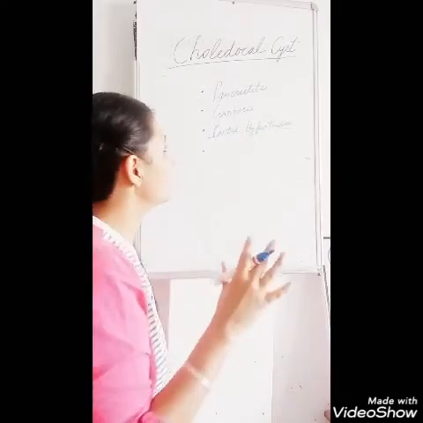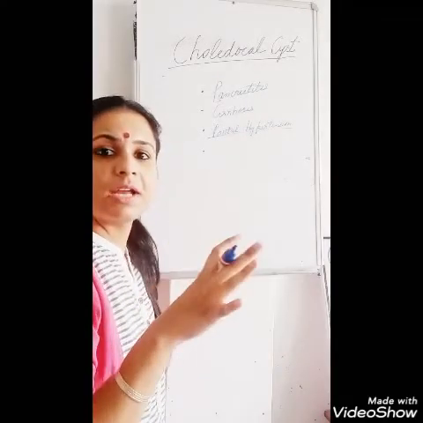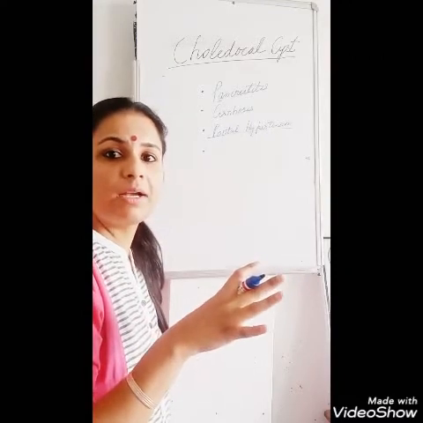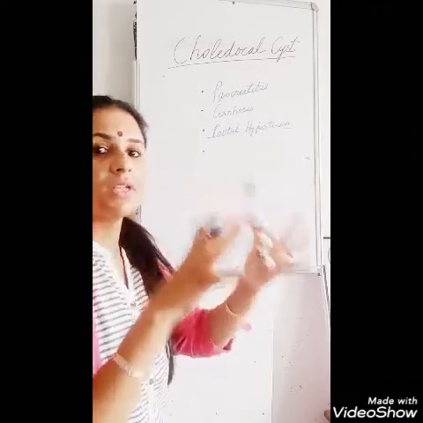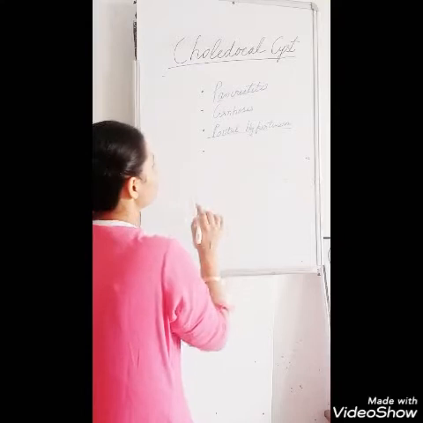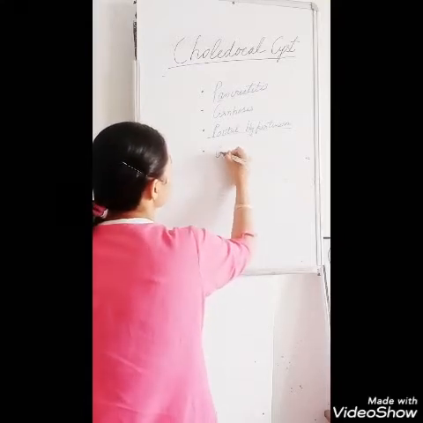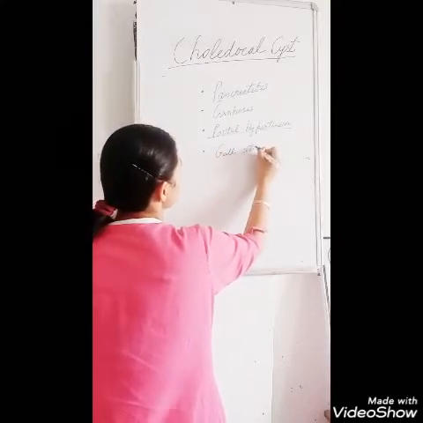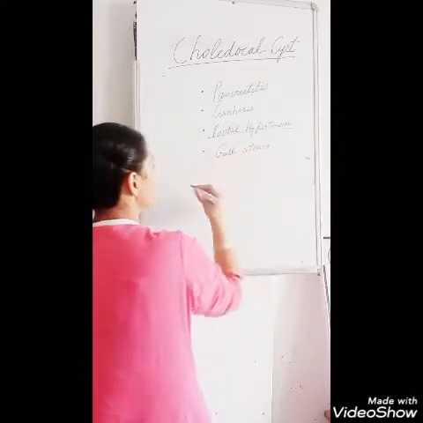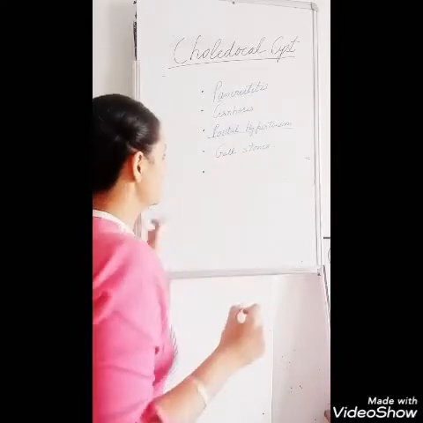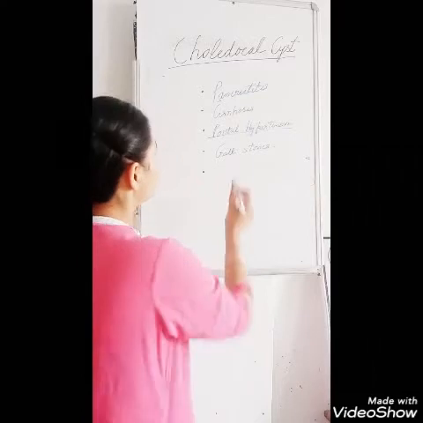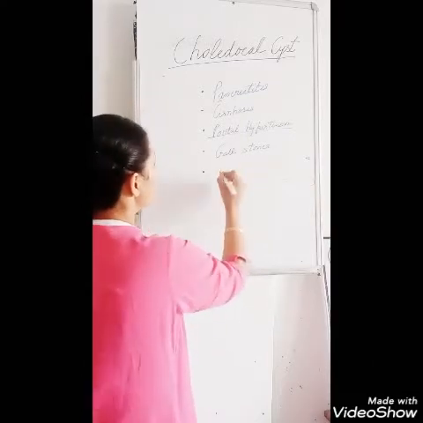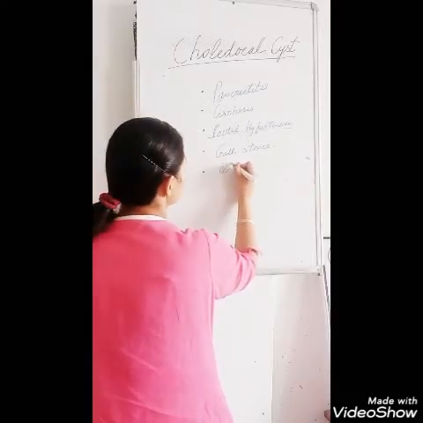Now this choledochal cyst, the congenital dilatation of the common bile duct, can result in the stasis of the bile. So that will also stimulate the formation of gallstones. So gallstones could also be there. We have seen the obstructive jaundice also.